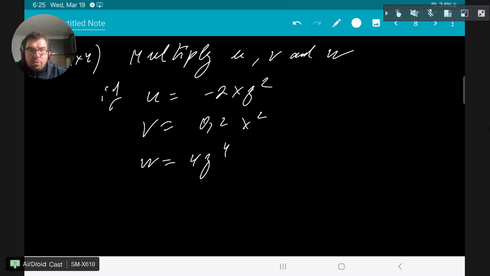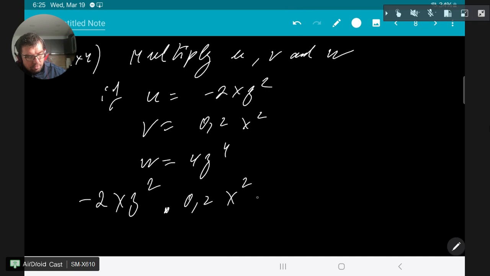Now when I multiply monomials, it's exactly the same as the procedure to turn them into standard form. I multiply constant by constant, variable by variable, okay? So in this exercise here, I have these three monomials. I need to multiply them, so minus 2xy squared times 0.2 x to the power of 2 times 4y to the power of 4.